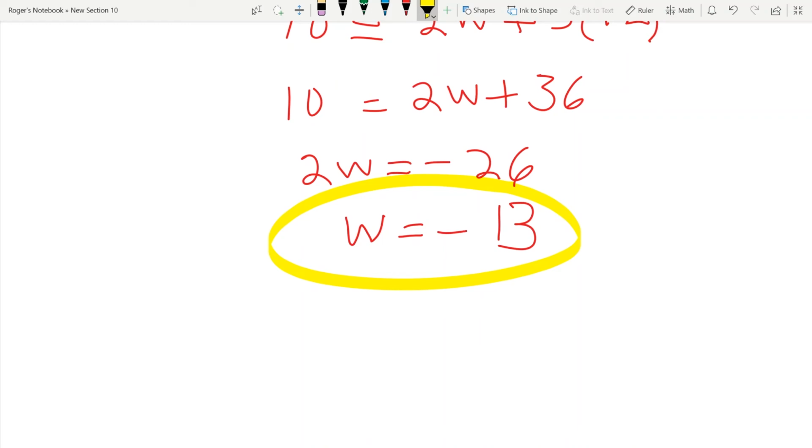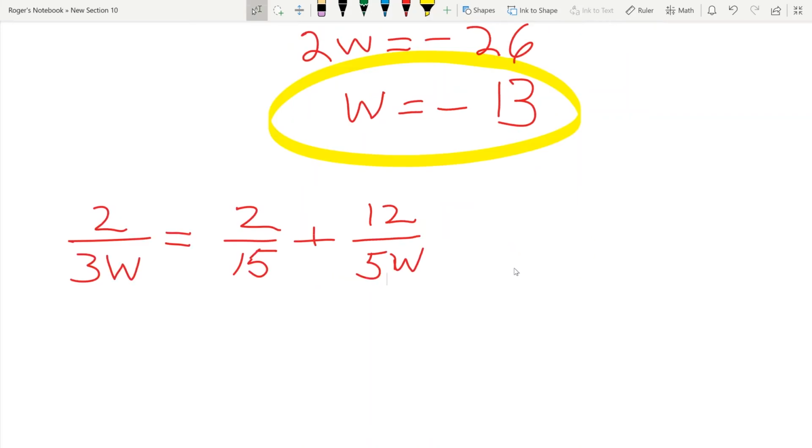Why don't we do it the other way as well, just to show you how you can go different directions. Okay, here the problem is again, and let's now get a common denominator on the right and get this into one fraction on the right side of the equation.